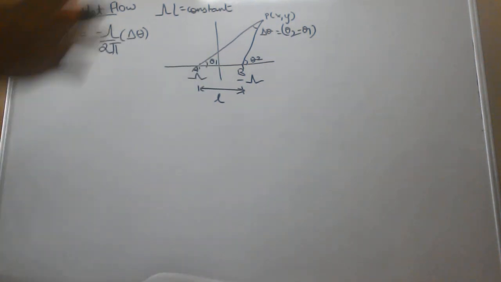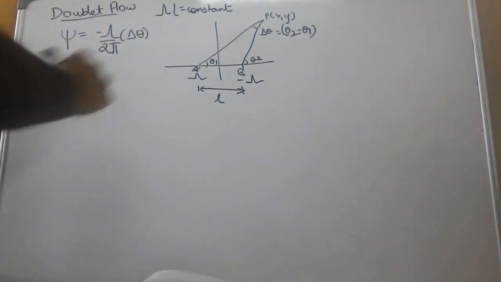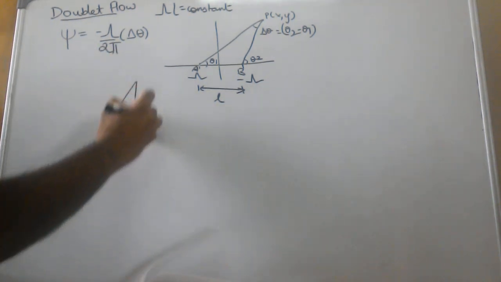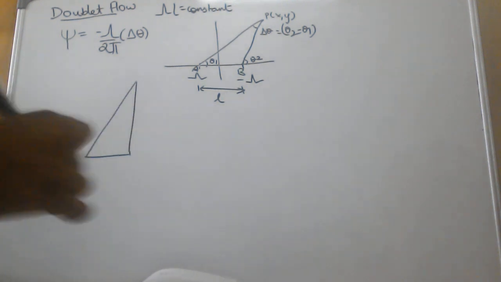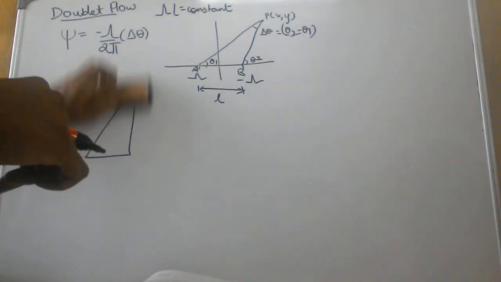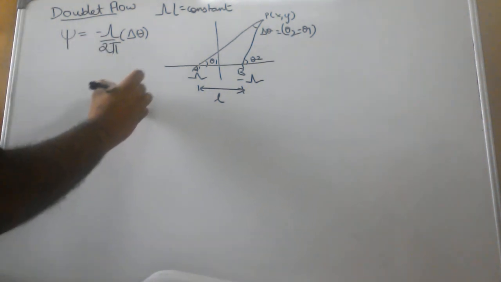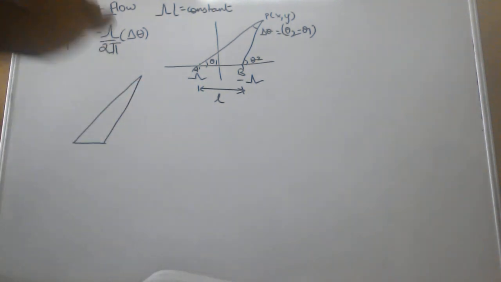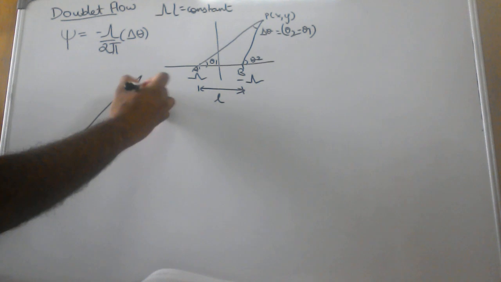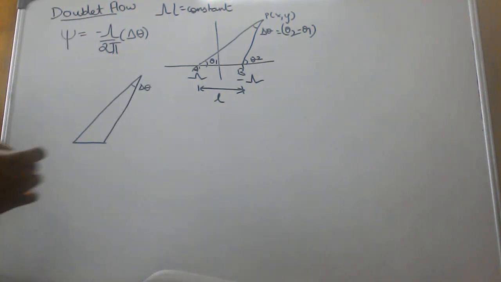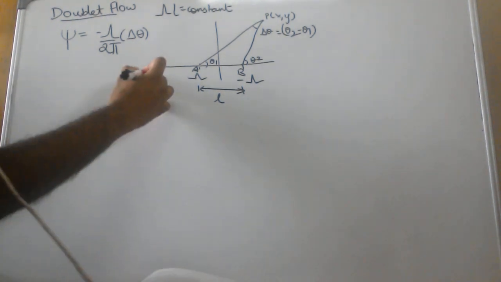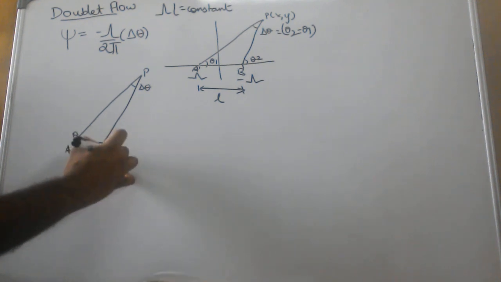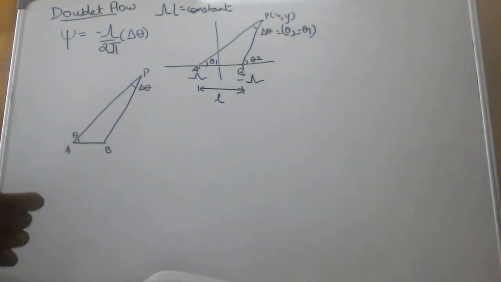So for this, let me just isolate the triangle out for clarity. What we will have is a long slender triangle with this angle being delta theta. Let me call this angle theta, right? Let me call this point P, point A, point B. AB is the distance of separation between the source and the sink.